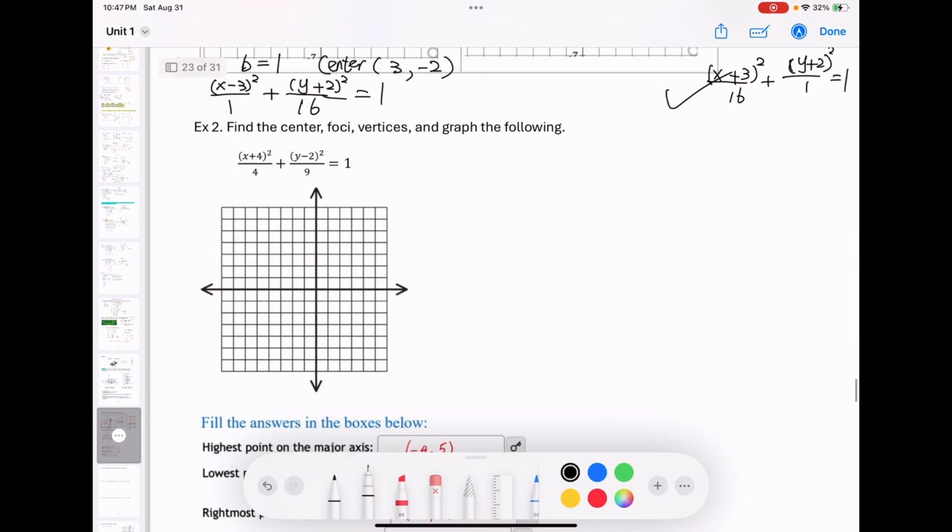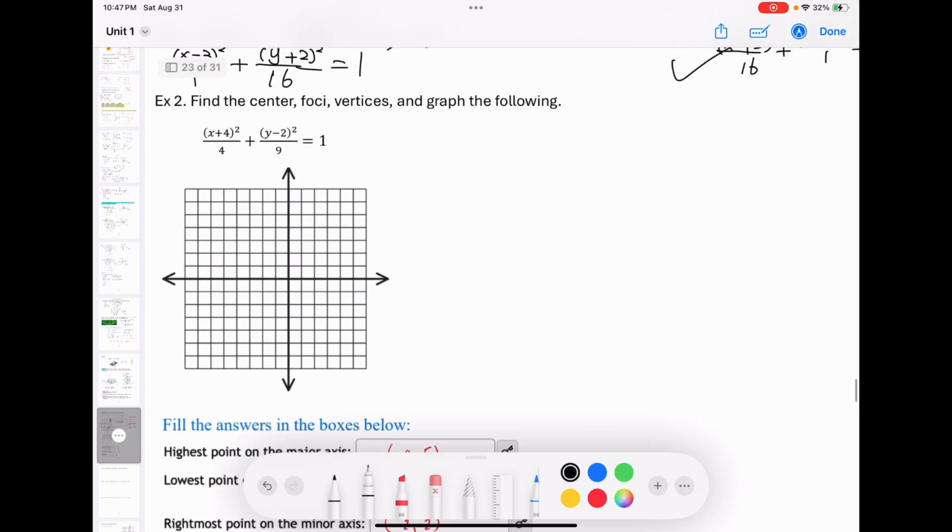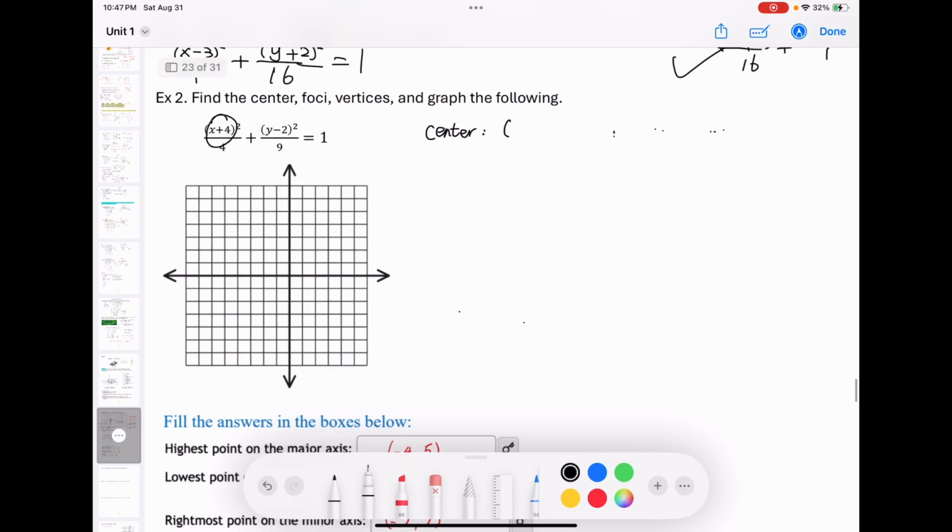Let's see the next example. Find the center, foci, vertices, and the graph of the following. So first one, what is the center? The center is x minus h. Here we have x plus 4, so my center h is negative 4. And y minus k, so k is positive 2.